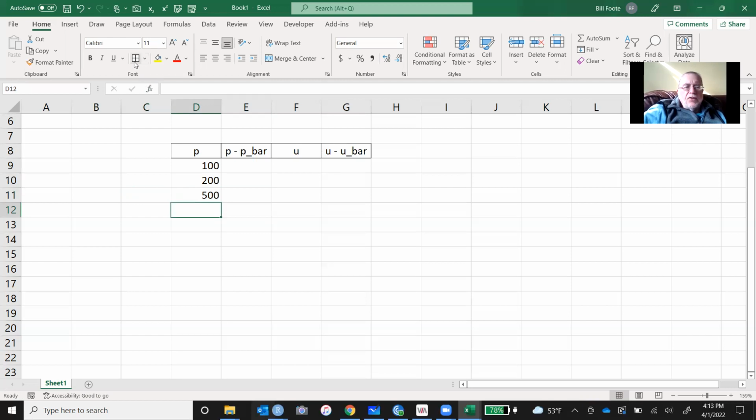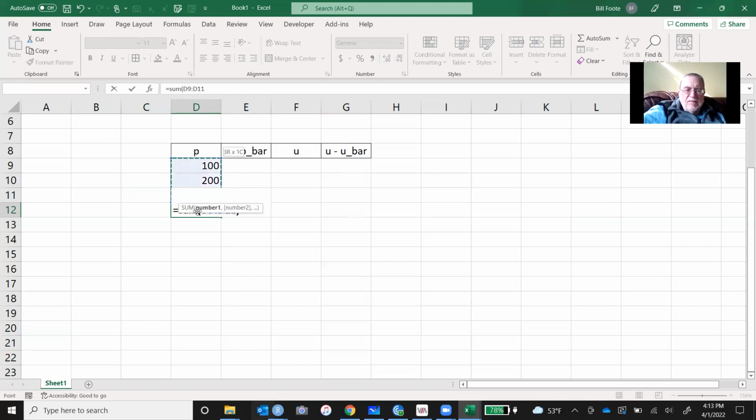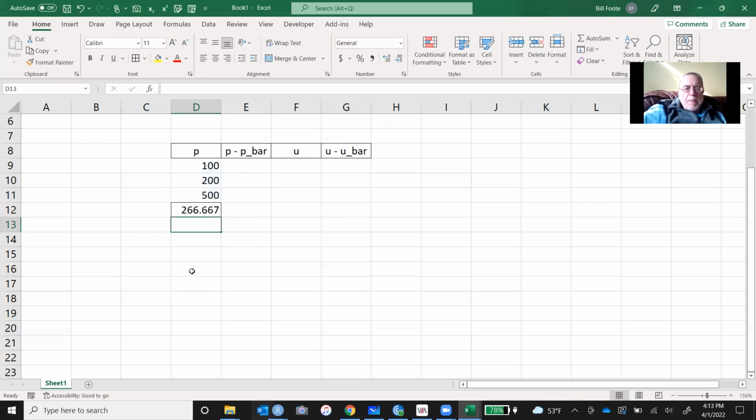We can pretty easily compute the average of this as the sum divided by 3. So that should be the 9, 10, and 11.